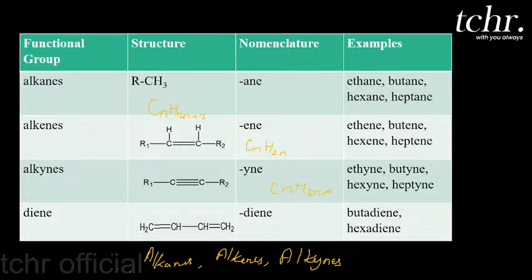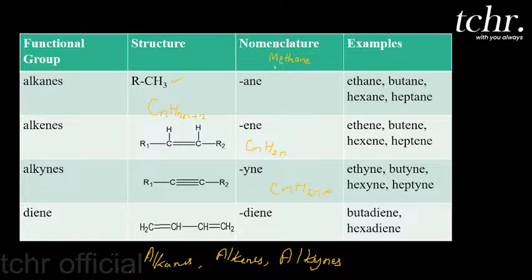What is the structure of alkane? R-CH3. For example, it starts with methane for one carbon. Students, if there is one carbon atom in a compound, we use the word meth, M-E-T-H. And if all four bonds of the carbon are single bonds, we use A-N-E. So it is methane. You know how many bonds a carbon should have?